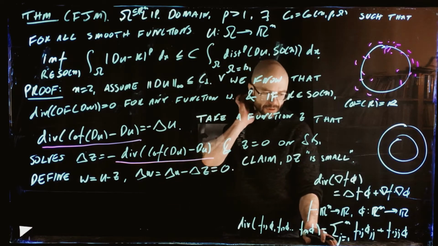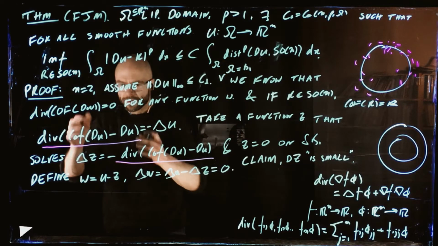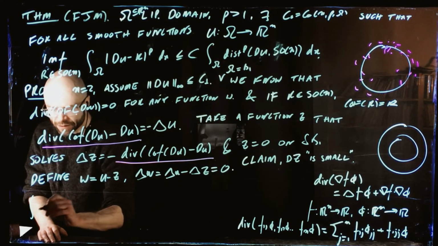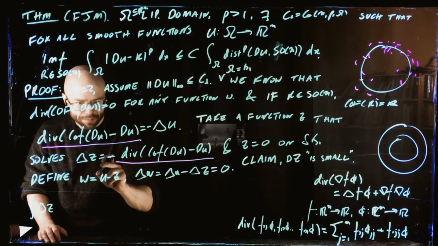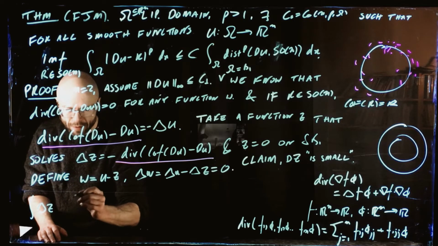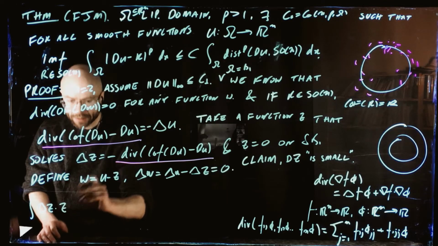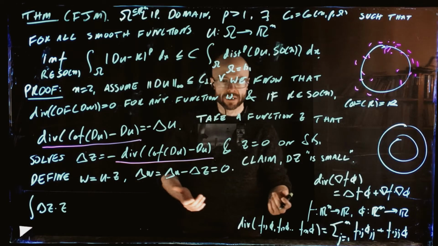So this is a very convenient thing because when we have this PDE here, we are going to take this integral of, we're going to multiply both sides by z. When I say multiply by z, I'm actually meaning dot product because everything is vector valued. But we're just going to work with one component at a time.